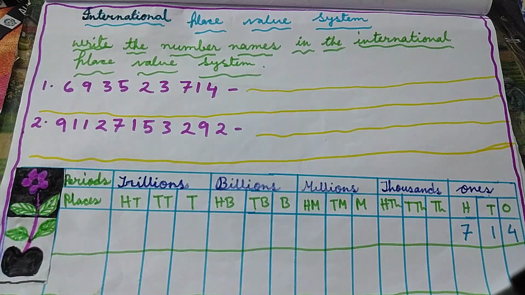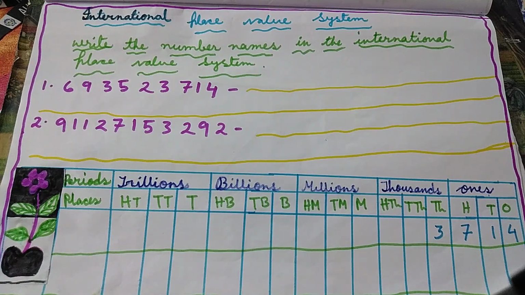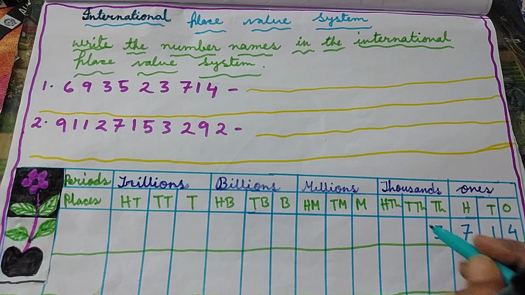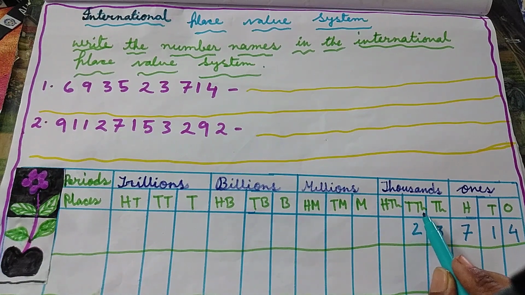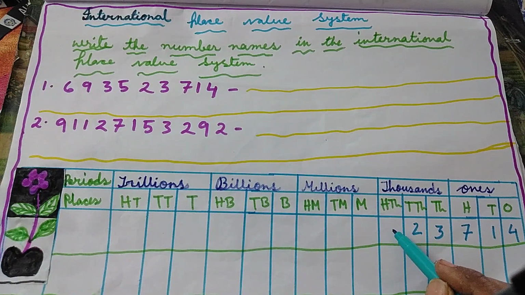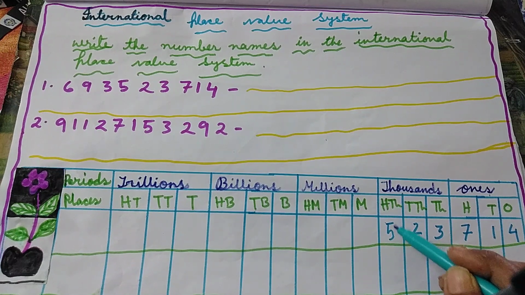Then 3. Write 3 in thousands place. Then 2. Write 2 in 10,000s place. Then 5. Write 5 in 100,000s place.